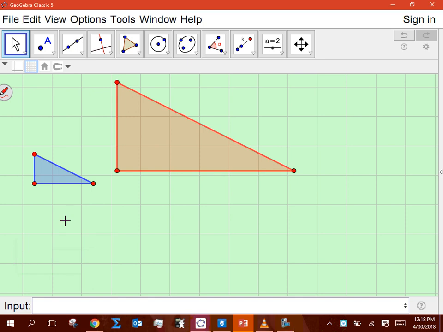If I call, let's say, these two figures, just the way I've set them up, they are similar.